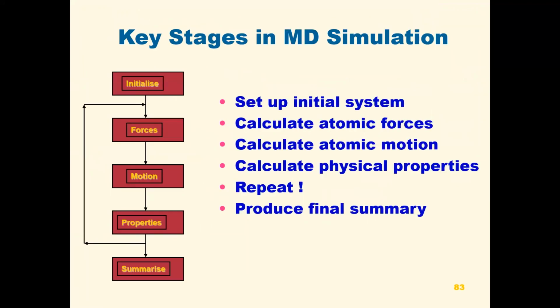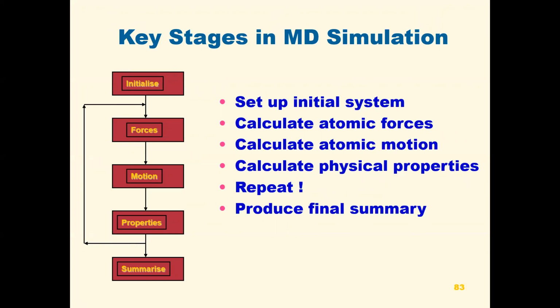These are some key stages in the MD simulation. You can see the different steps: initialization, forces, motion, properties, and finally the summary. First you set up the initial system, then calculate the atomic forces, then the atomic motion, then the physical properties.